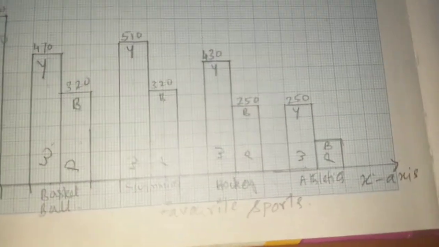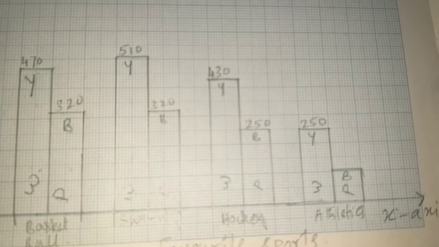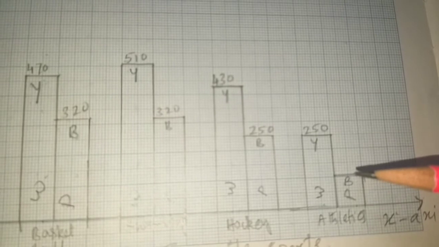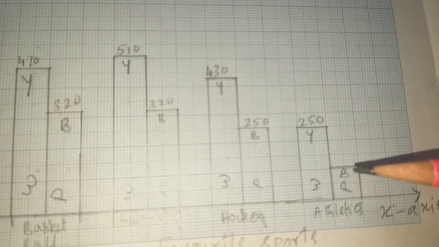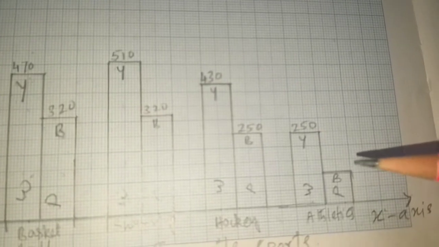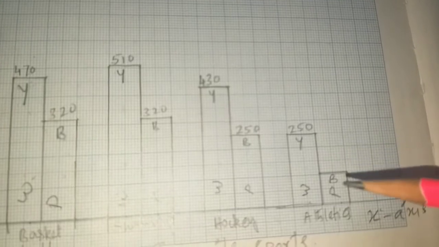Here, not possible to show. I don't know how clear it is. I am telling you, the top line of the last bar, the athletics last participating bar, is in between two smallest divisions. You can represent it correctly by sharpening your pencil.